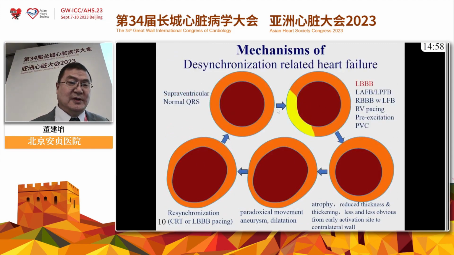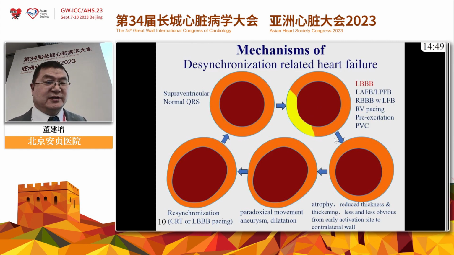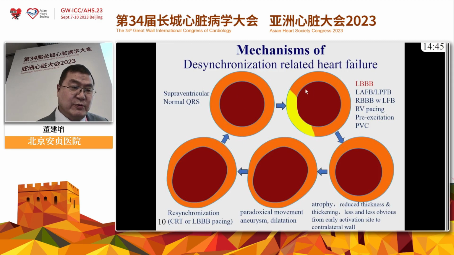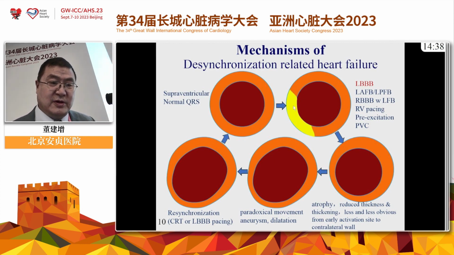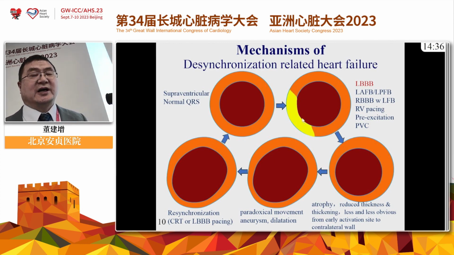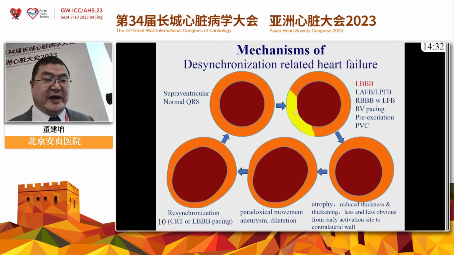I use this cartoon to demonstrate why left bundle branch block can result in morphology change. This is the left ventricle. When there is left bundle branch block, the septum is activated and contracts forcefully, and it has no or very low afterload and will get atrophy.